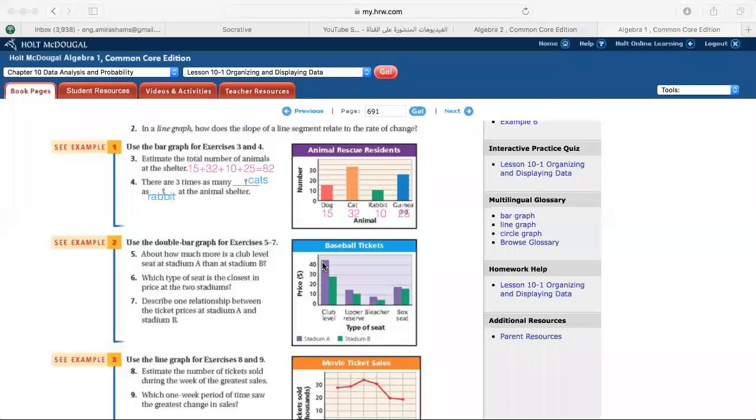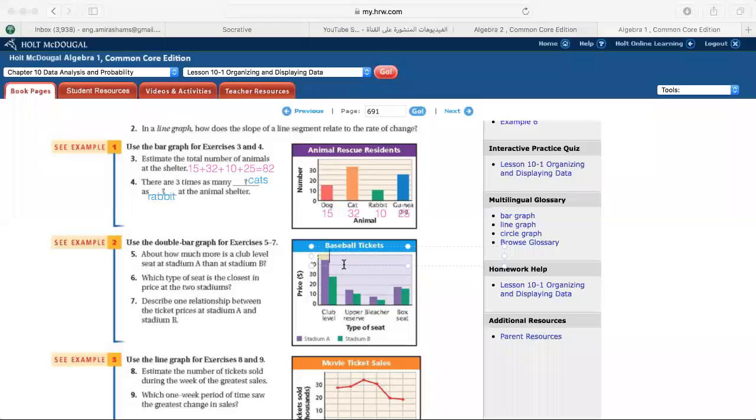So they want to subtract because it is mentioned here how much more. How much more means subtraction. The club level in Stadium A is 45.